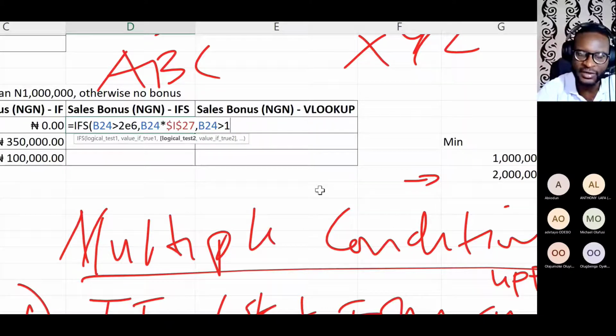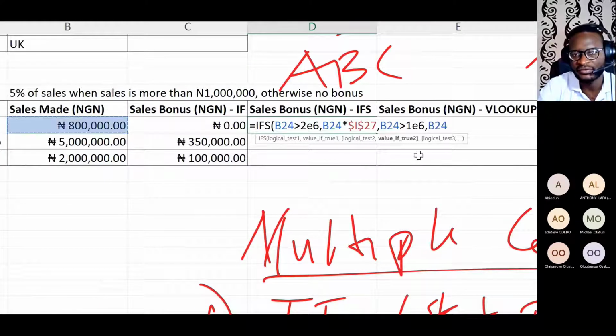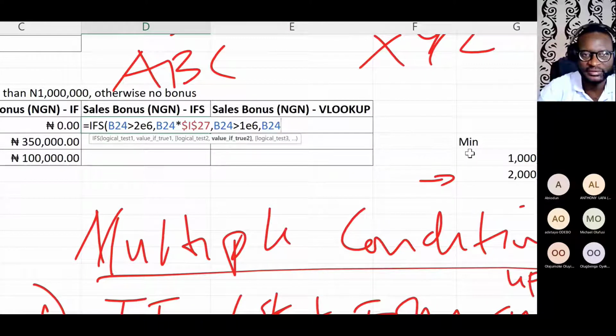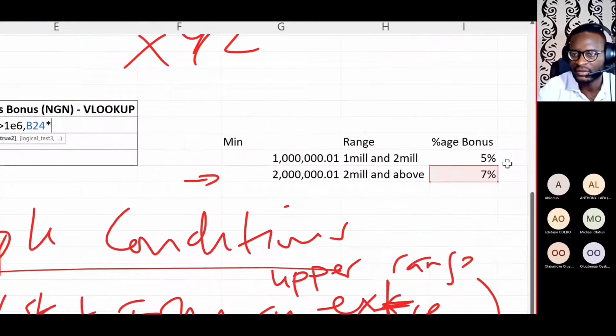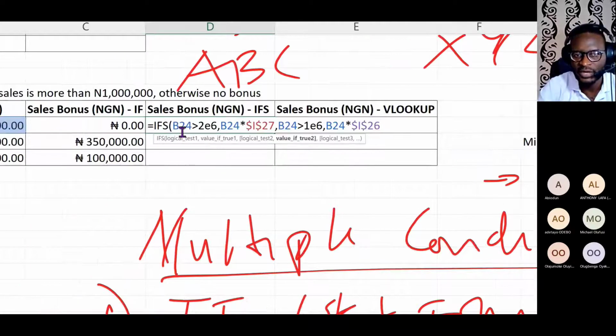Instead of me typing 1 and 6 zeros, I can rather say 1 E the number of zeros. They mean the same thing. So if this is greater than 1 million, then it is the sales times the bonus attached.